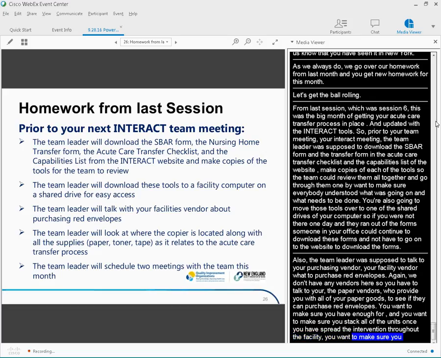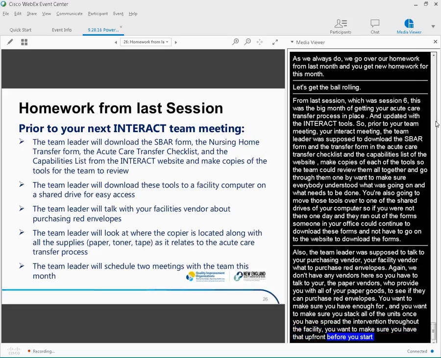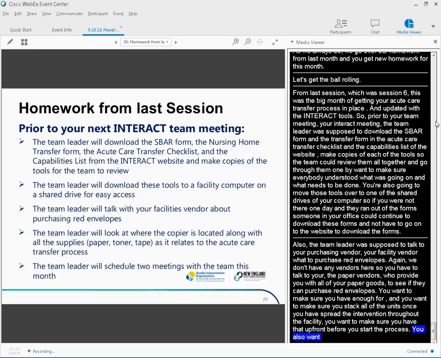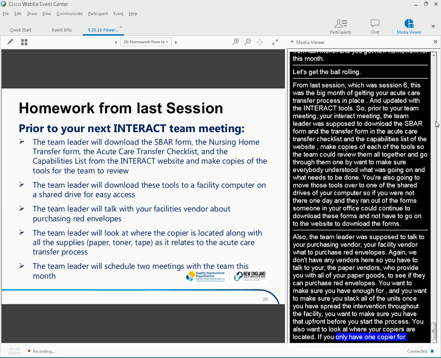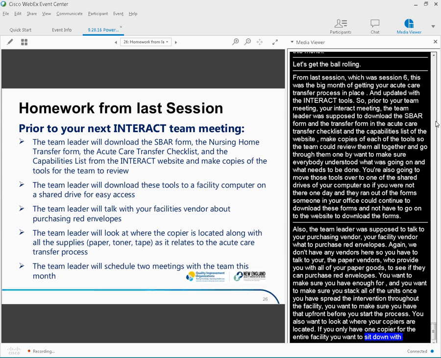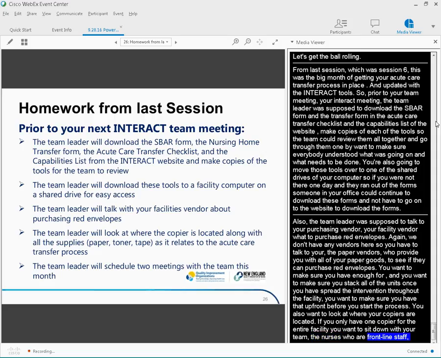You also wanted to look at where your copiers are located. If you only have one copier for the entire facility, you want to sit down with your team, and the nurses who are frontline staff, to say, okay, when we do an acute care transfer, it is truly a team sport.